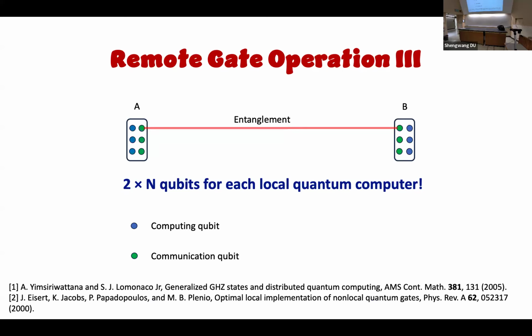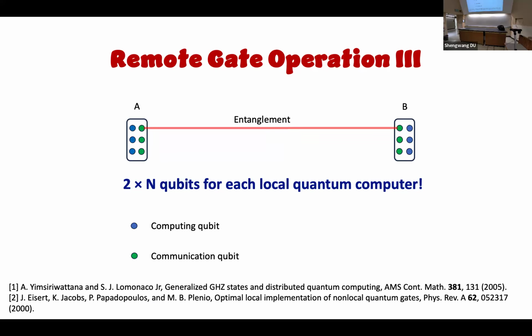But now I think the most popular way, even if we don't have to do quantum computing, if you look at the literature, there are a lot of proposals, mostly based on this operation. For example, here we have a computing qubit, and this green one is just for communication, not computing.